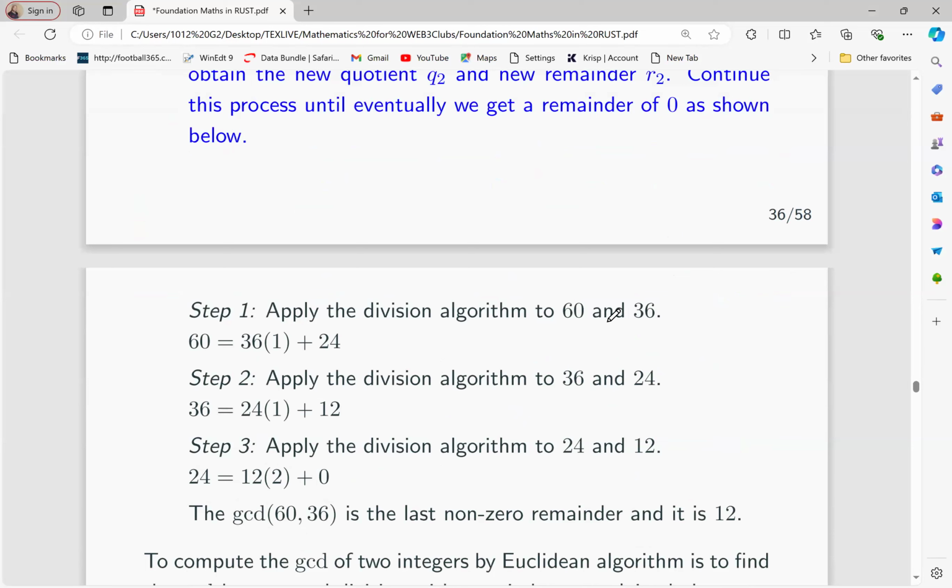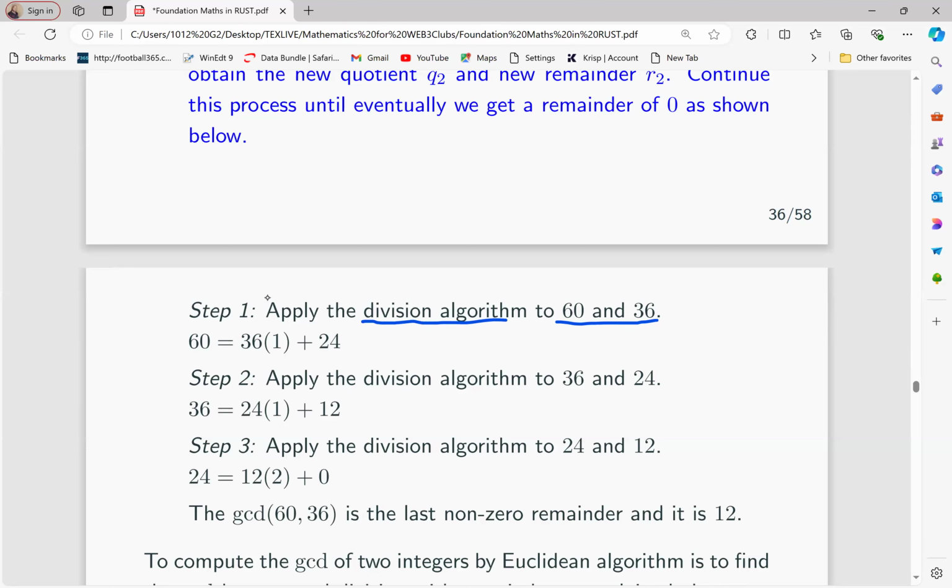So I want to take an example. We have these two numbers, 60 and 36, and we want to use the Euclidean algorithm to find the GCD. Of course, we said the Euclidean algorithm is used to find the GCD of two numbers. So for us to do that, we apply the division algorithm in each step.